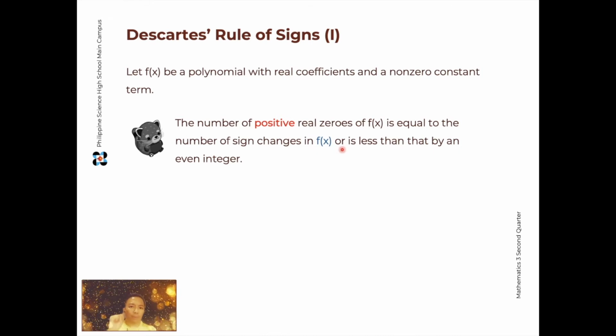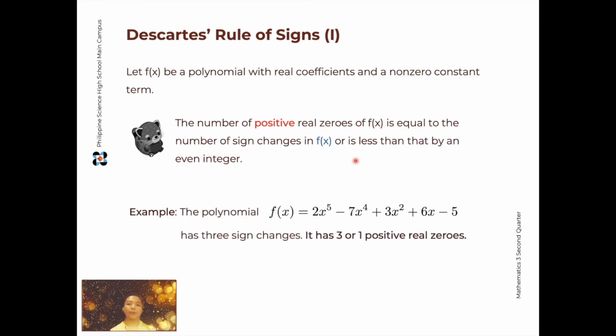So, important yung pagbilang ng sign changes sa isang polynomial function kasi it gives us an idea kung ilan yung positive real zeros niya. So it's equal to the number of sign changes or less than that by an even integer. For example, yung polynomial natin kanina, nakita natin na mayroon siyang 3 sign changes.